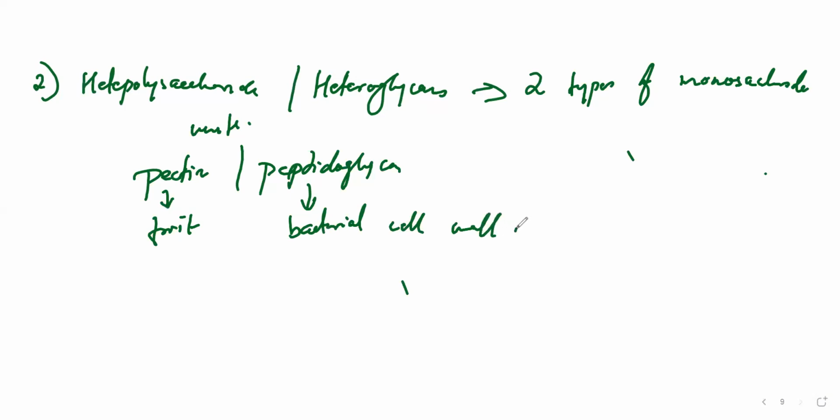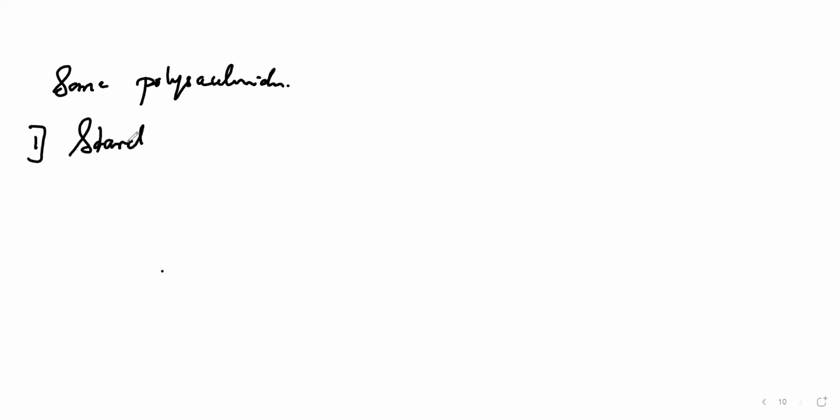Okay, so as I told you, out of these examples we'll just see a glimpse of some polysaccharide examples. For example, the first important one is starch. Where is starch present? In plants.